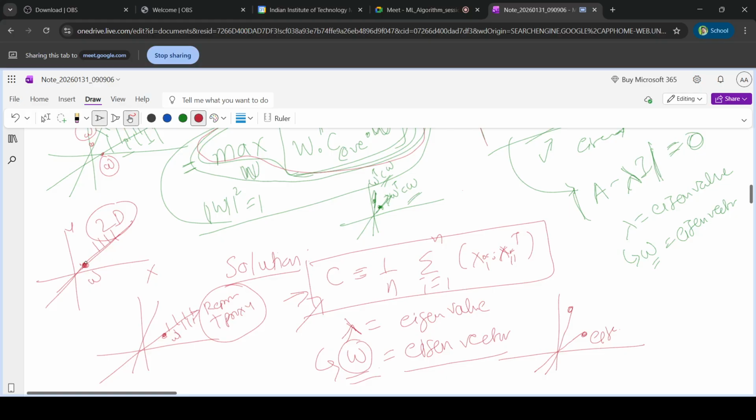Which one is the best? You can choose which one is the best, and you can just derive the line L1 or L2 or whatever may be the line. So choose the summation of the error, or you can choose the W which gives the maximum of W transpose C into W. I want a W which gives the maximum of this value, W transpose C into W.